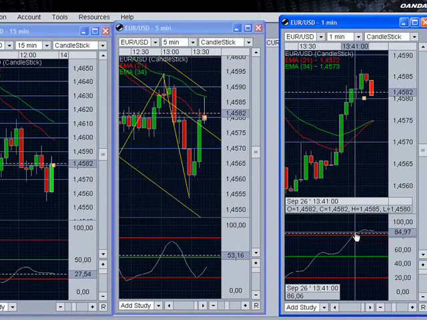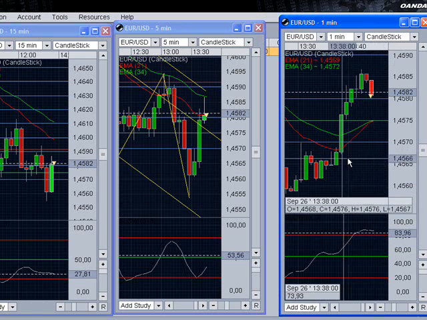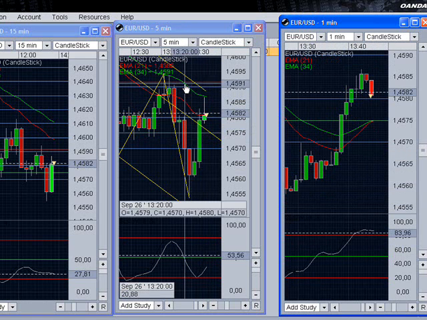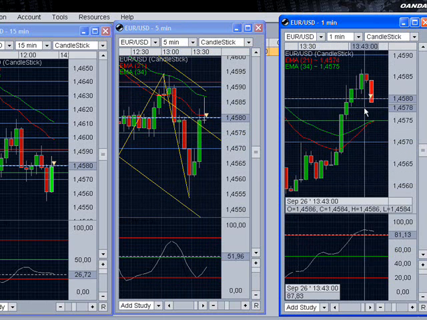It was at 88, now it is at 83. Our trade is open. We have a stop loss, which is here at 45.92, and we have a take profit at 45.75.